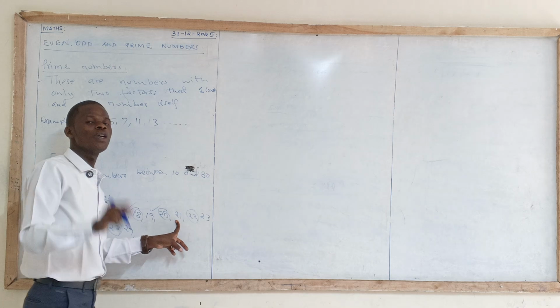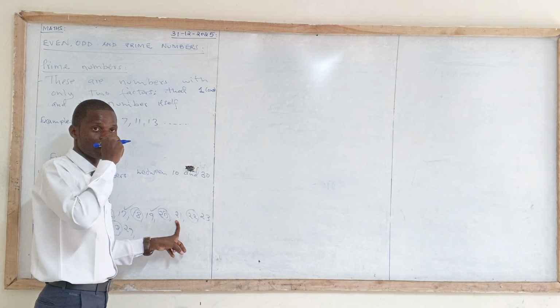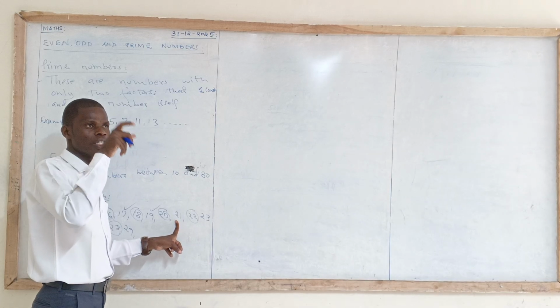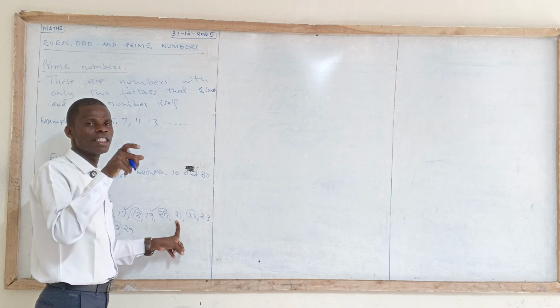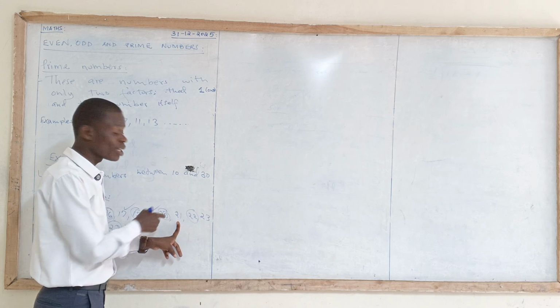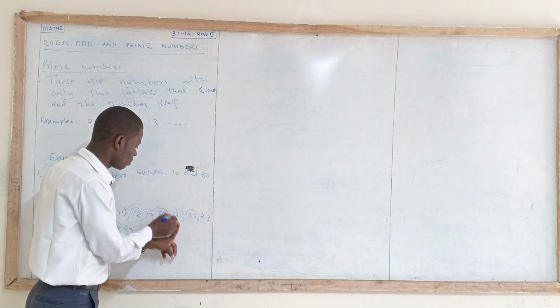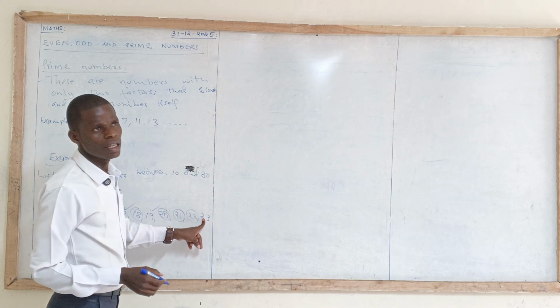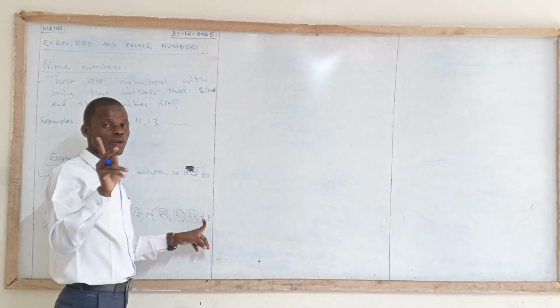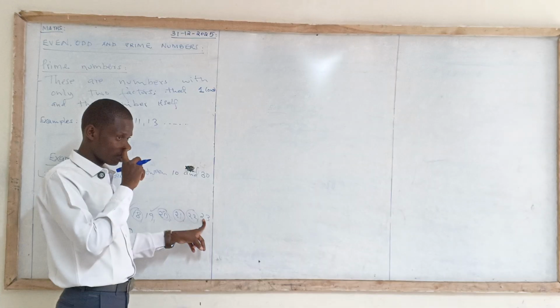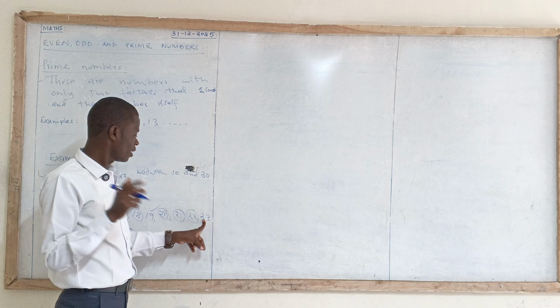Come to 21. Which 2 numbers, if you multiply, give us 21? Table 3. If you look at table 3, 3 times 7 gives us 21. So this one is hiding here and is not a prime number. Come to 23. Which numbers, if you multiply 2 of them, give us 23? No, I cannot remember any.